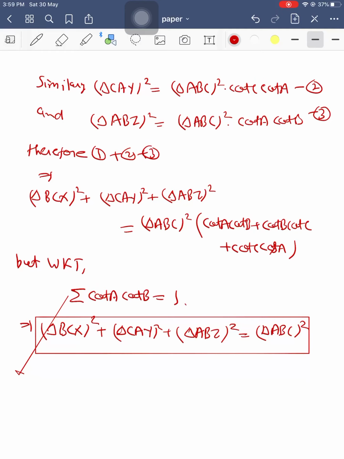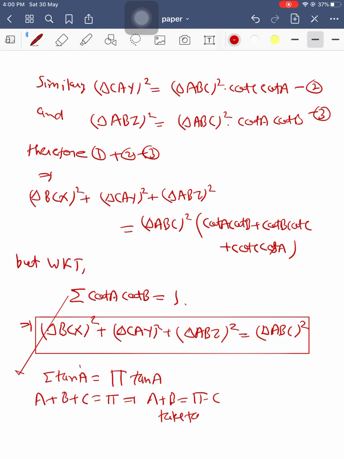sigma tan A equals pi tan A, if we convert all cotangents into tangents. This identity can be proved easily, because in any triangle A plus B plus C is pi, implies A plus B is pi minus C. Take tan on both sides.